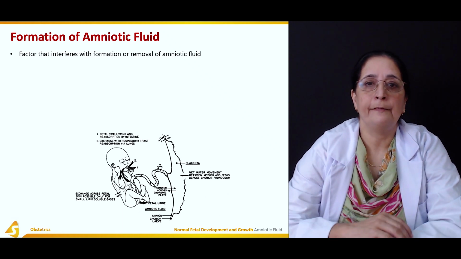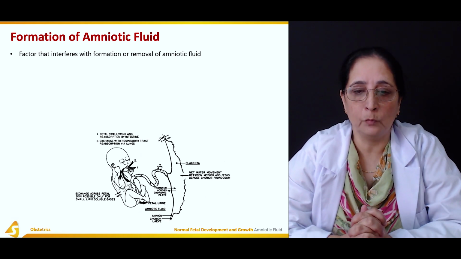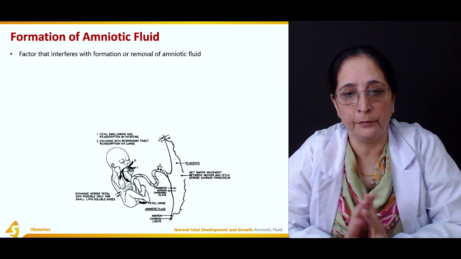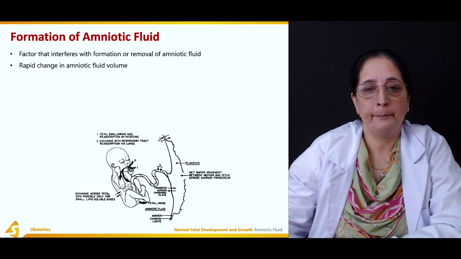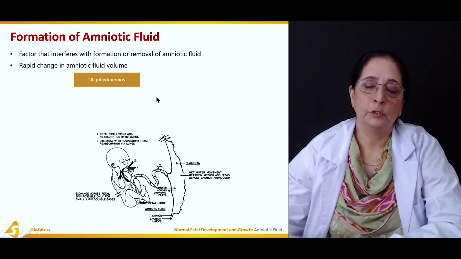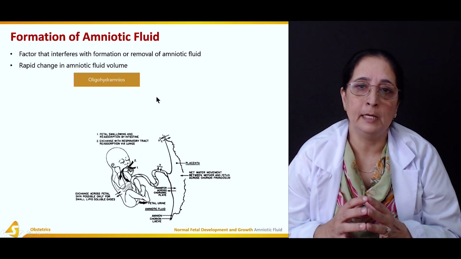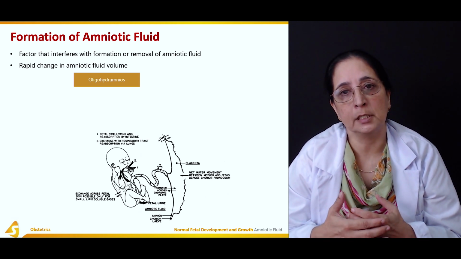There are different factors that influence the formation and removal of amniotic fluid, and rapid change in amniotic fluid volume. Two terms are very commonly used relating to the volume of the amniotic fluid.